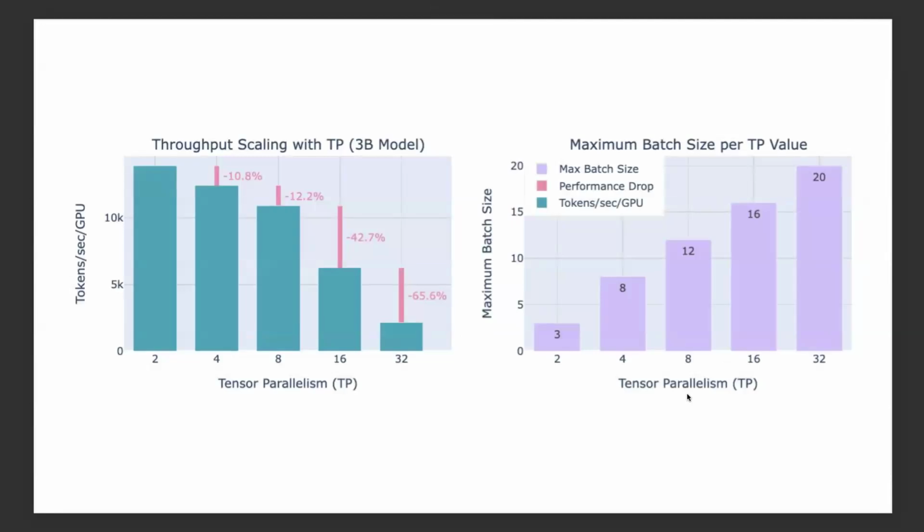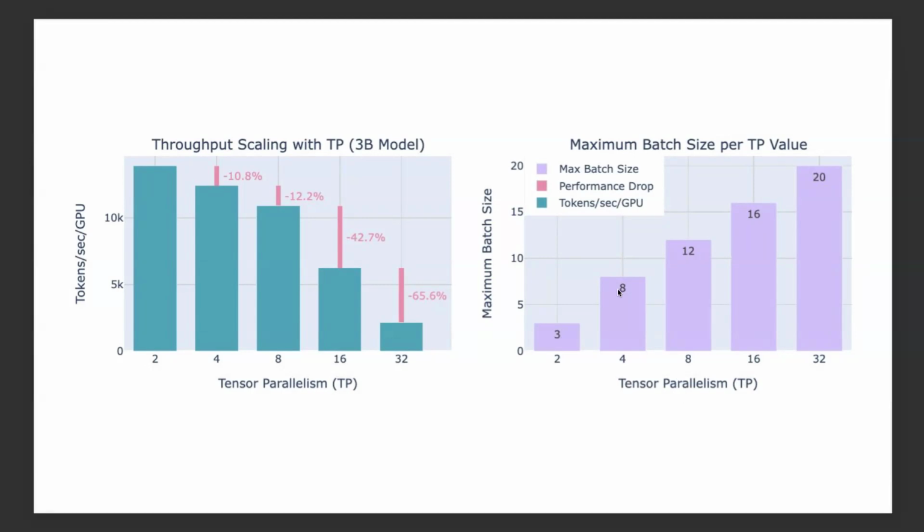And as we can see, tensor parallelism, while it can substantially increase the max batch size, is still nonlinear, right? We increased the number of GPUs by 16 times, but the return in the maximum batch size is only, what, 7, right? So it's nonlinear, and we have diminishing returns when we increase the number of GPUs.